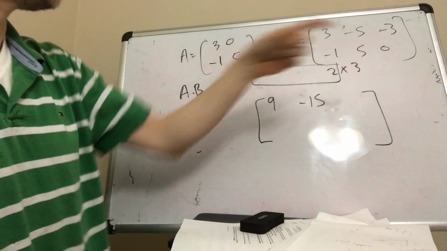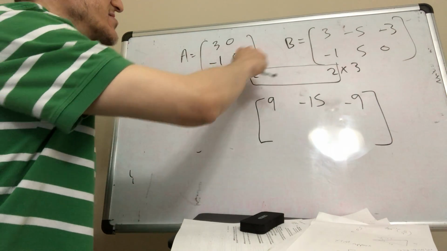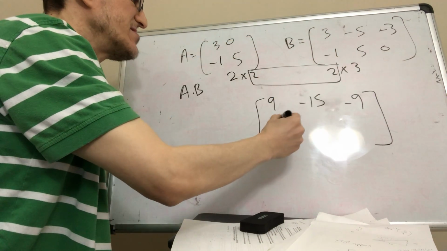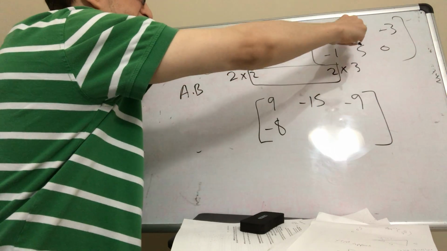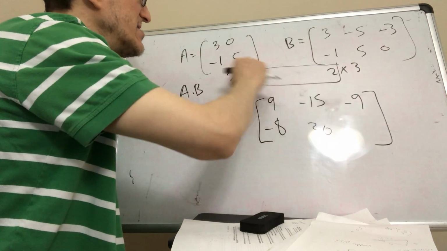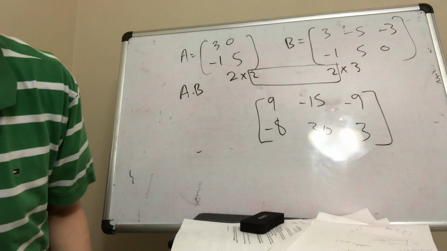Negative 9 and 0, negative 9. Here, you take this times this, negative 3, negative 5, negative 8. For this, you take this times this. That's 5 plus 25. And finally, this times this will give you 3.